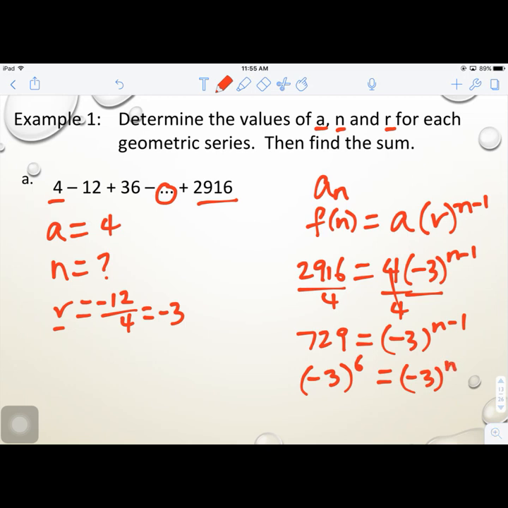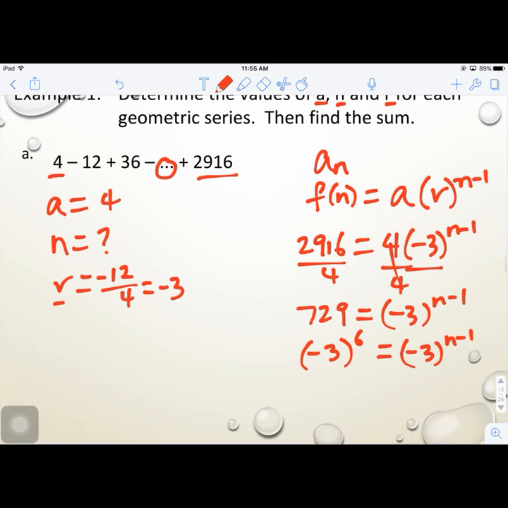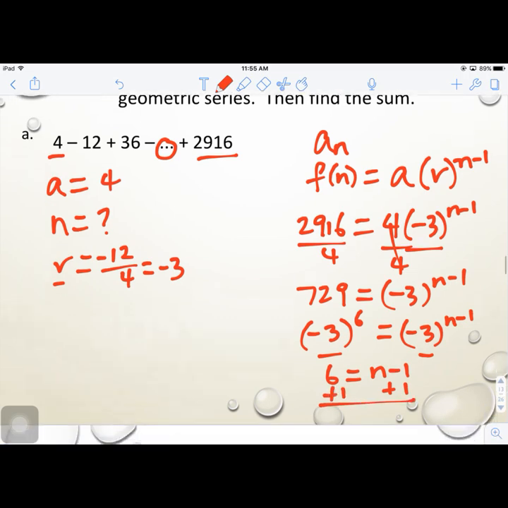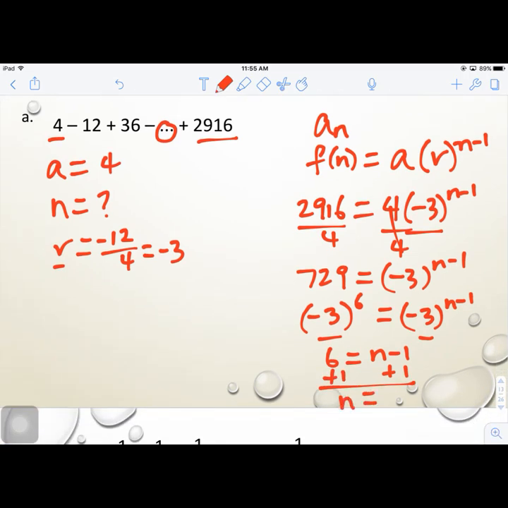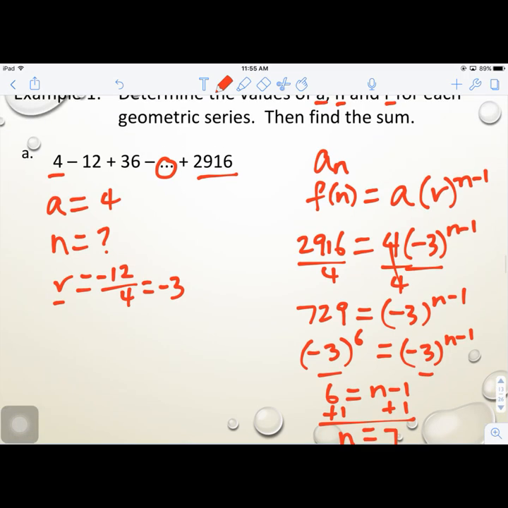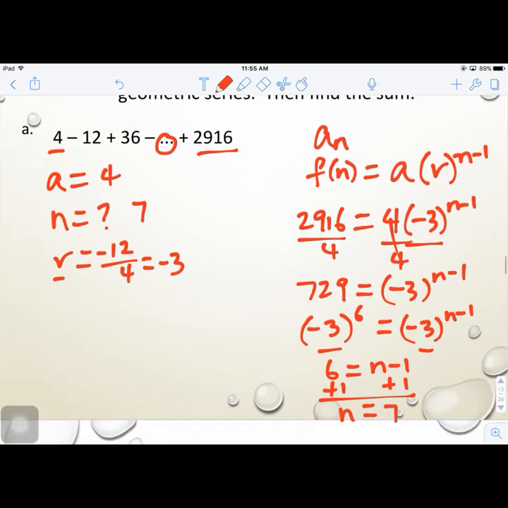And we're just going to bring down the right-hand side. And since the bases are equal, the exponents are equal. So 6 is equal to n minus 1. Adding 1 to both sides will yield the answer for n equals 7. So now we have identified n, which is 7. We can proceed to find out the sum.